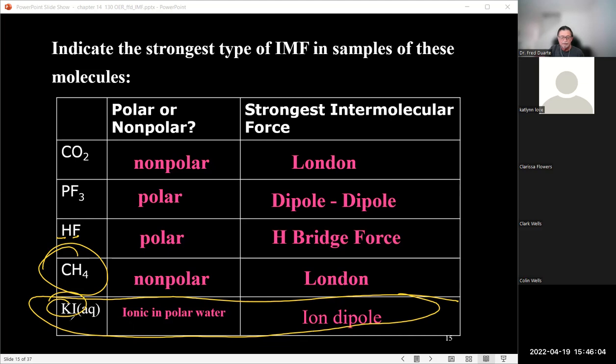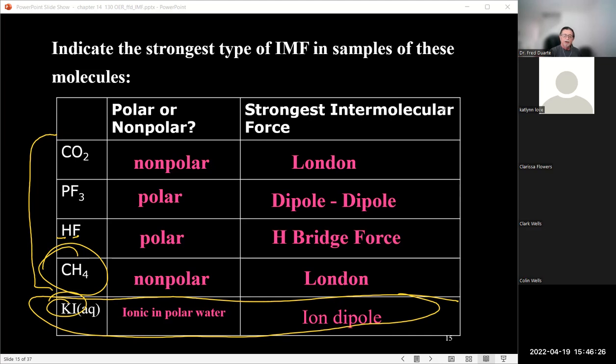And so this has really nothing to do with the other three forces, London, dipole, hydrogen bonding. So you can't have dipole, or hydrogen bonding, or London forces in this KI system.